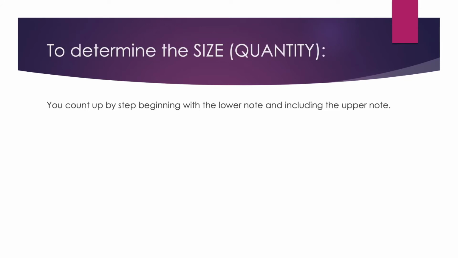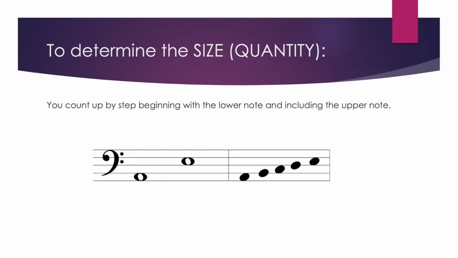And here's how you can figure it out. All you have to do is count up by step, beginning with the lowest note, and then also include the upper note in your counting. And let's look at an example. So let's say I'm given A to E, which sounds like this. And I want to figure out what that interval is.